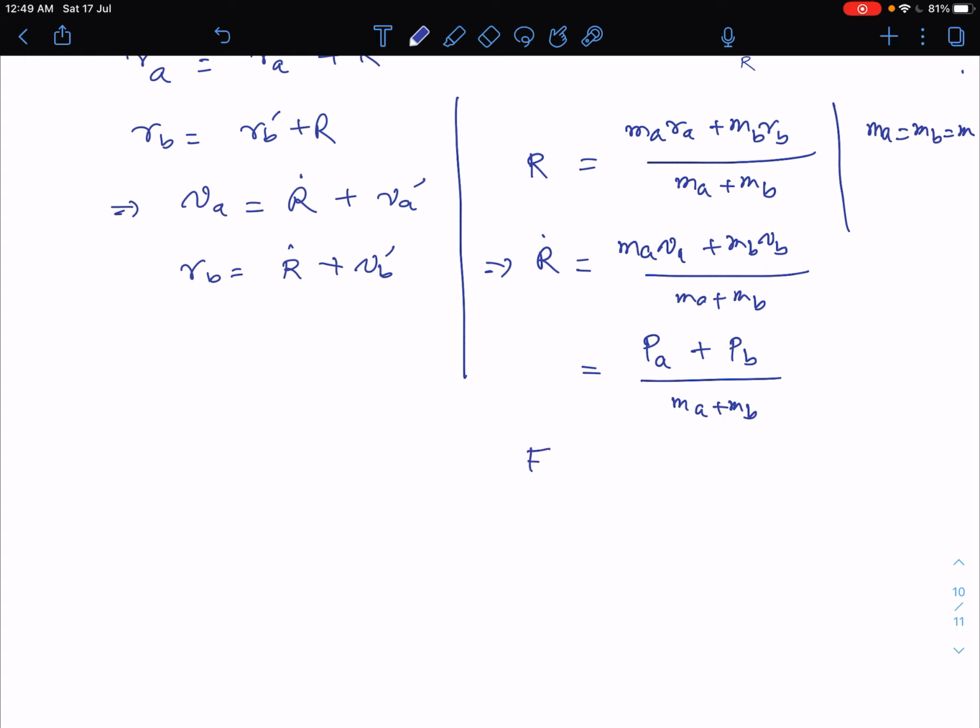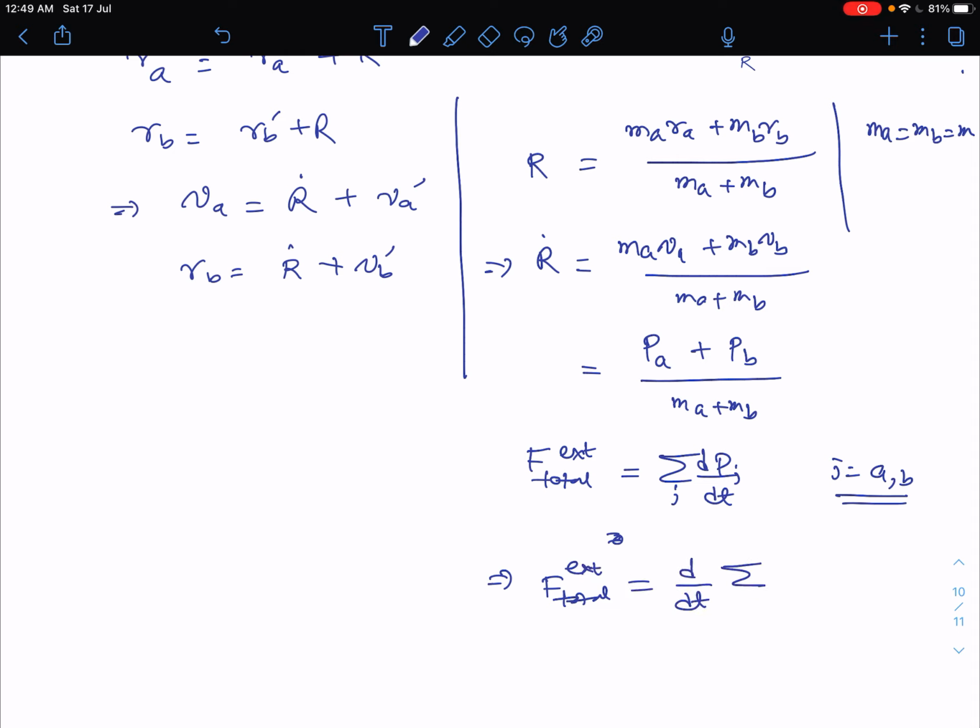So we know our F total external is just the sum over dPj by dt. So in our case, j is A and B. Sum over j means F total external is just d by dt of PA plus PB.